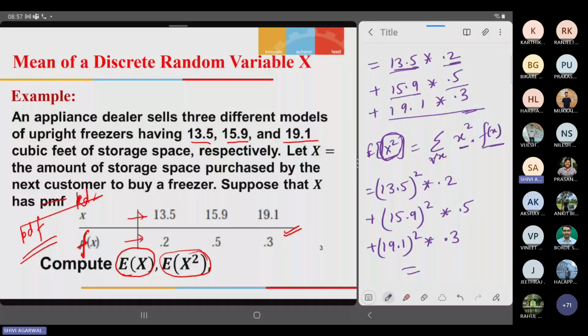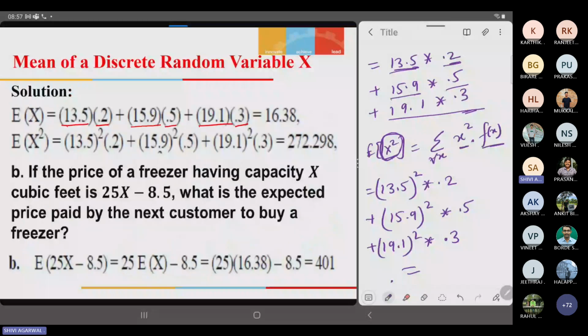Okay, Mr. Vishnu? Okay, so this is just x and this is fx, and we multiply and take the addition for all values. That is the formula actually. Now the B part of this question: if the price of a freezer having capacity x cubic feet is 25 multiplied by x minus 8.5, what is the expected price paid by the next customer to buy a freezer?